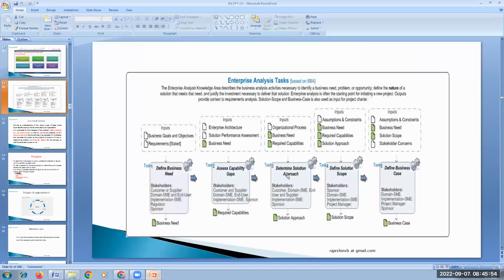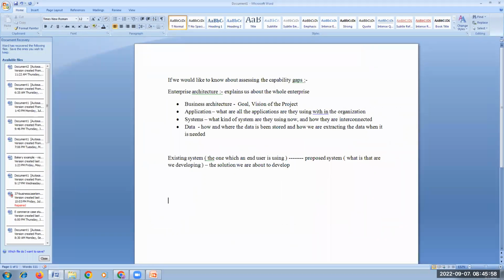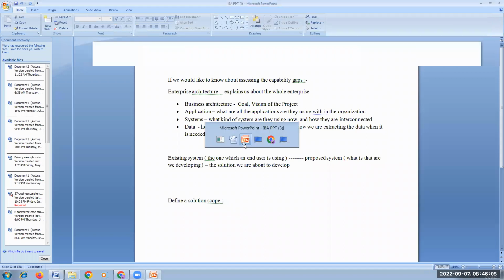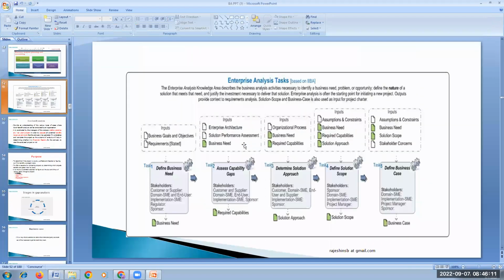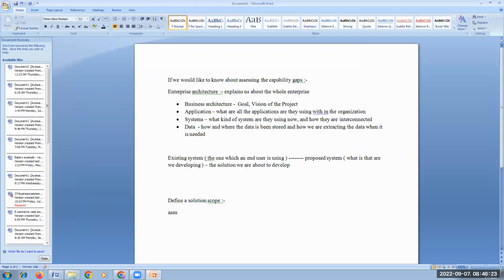When you want to define a solution scope, we must know a few things: of course the business goals and objectives will be carried along. Apart from that, we must know a few things. One is assumptions.